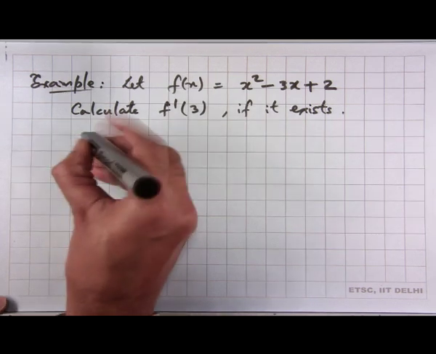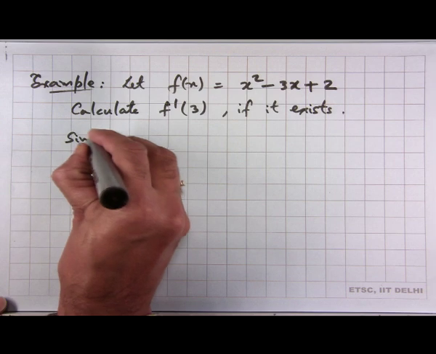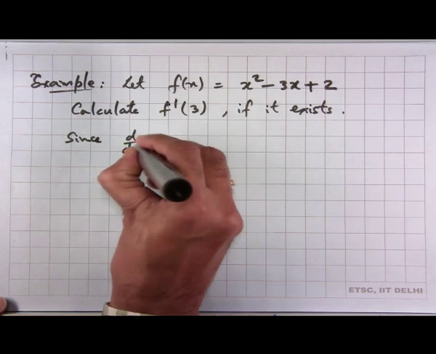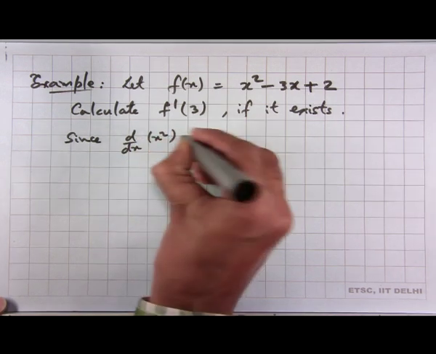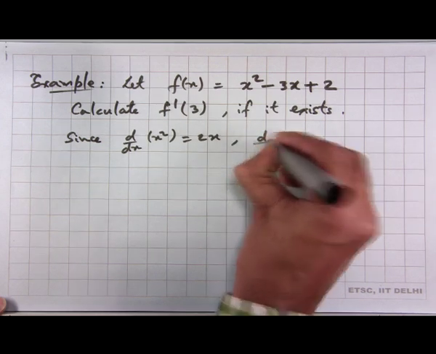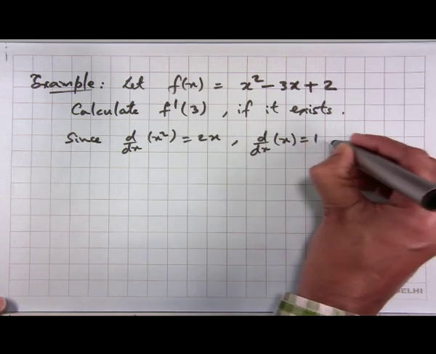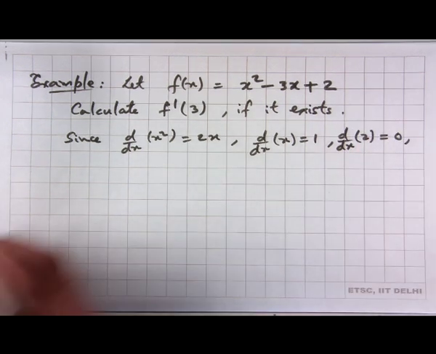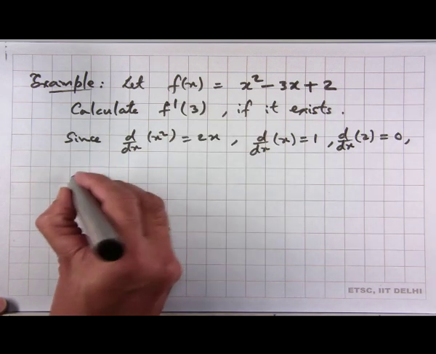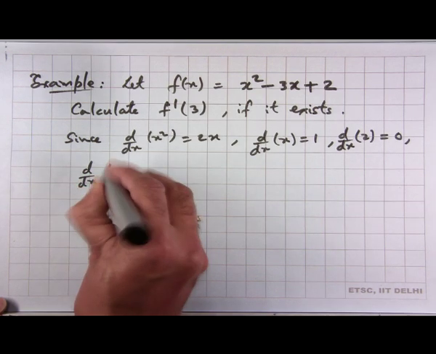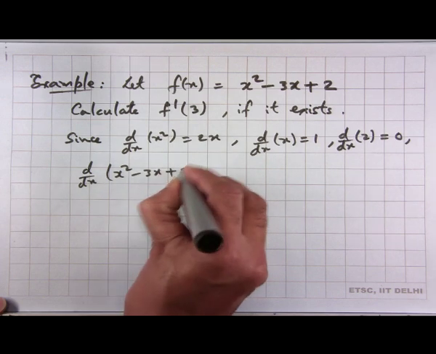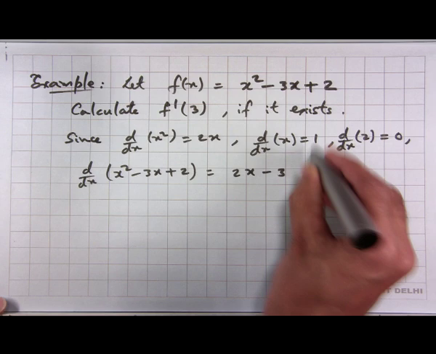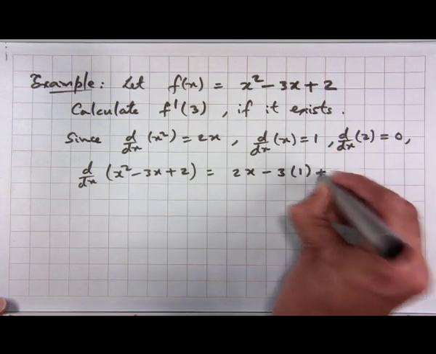So, since d by dx of x square is 2x, d by dx of x is 1 and the derivative of the constant 2 is 0, we have that the derivative of x square minus 3x plus 2 is equal to 2x minus 3 times 1, plus 0.